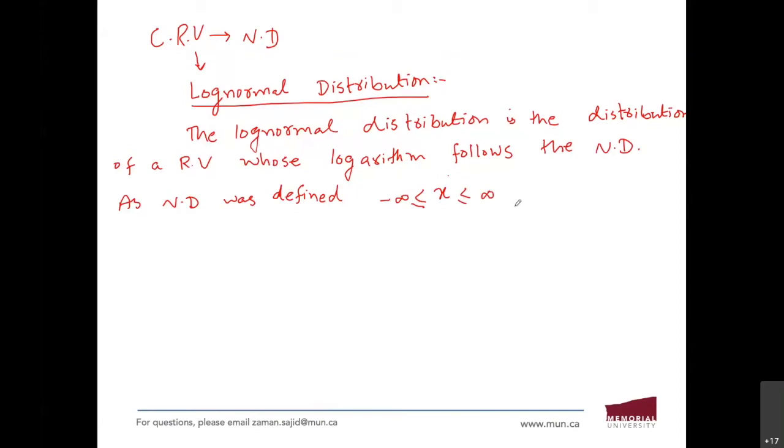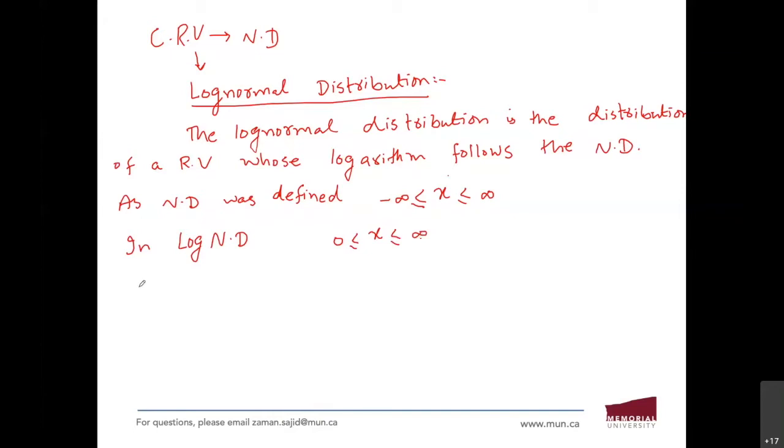So this was the range of our normal distribution that we studied last time. Now in log normal distribution, we have x defined as positive because we are talking about the log, and this range is the same.